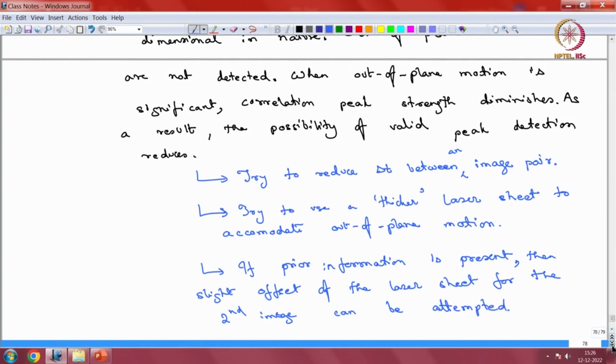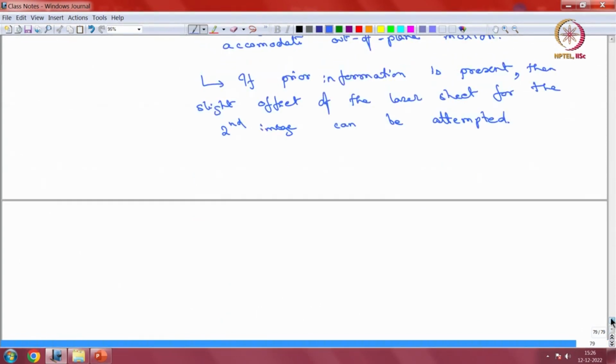This works well when the mean out-of-plane motion is sort of constant, and always you have to ensure that enough particles are present in an interrogation window.